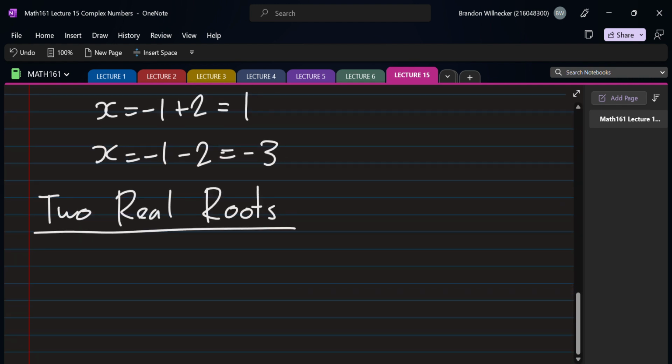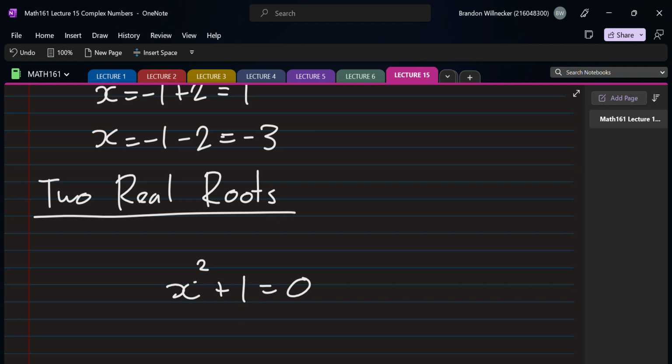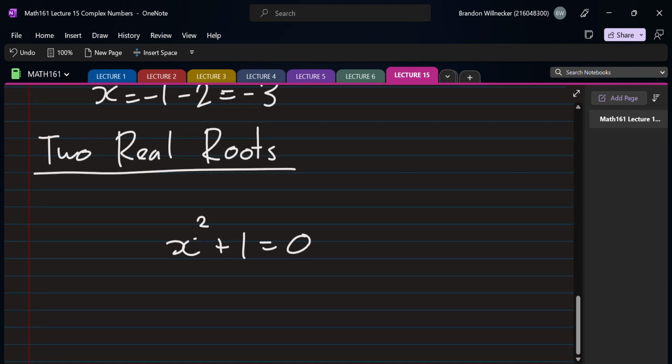Here we got two real roots for this quadratic, but in general this won't happen. So for example, if we have x squared plus 1 is equal to 0, you can try and factor this, you can try and use the quadratic formula, you won't get a solution. Here we can't factor it, there's no difference of squares that we can use, so that doesn't work.